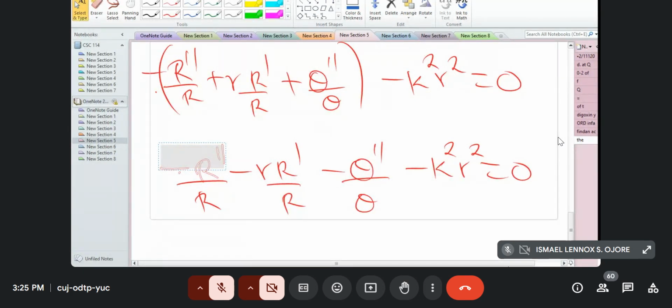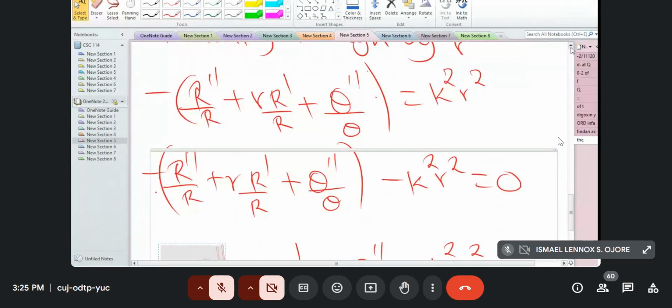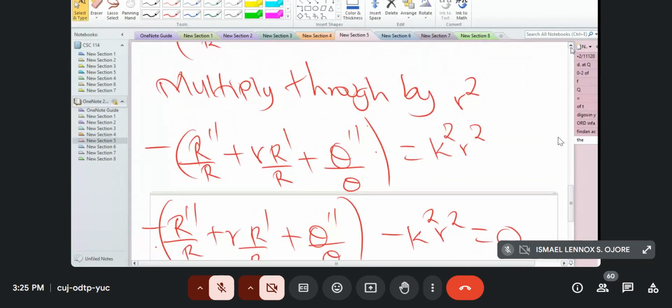Yes, there's an r squared missing. Thanks for that observation. Let me just scroll up. So if we multiply through by r squared, we have an r squared here: r squared times R double prime over R. There should be an r squared here.